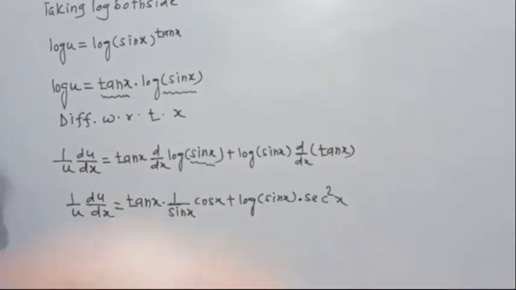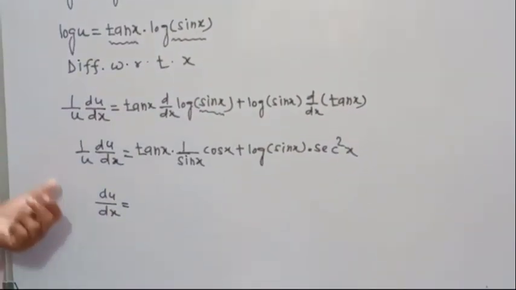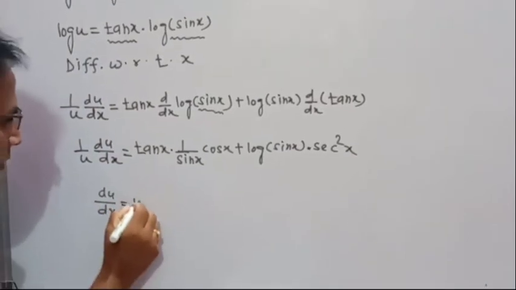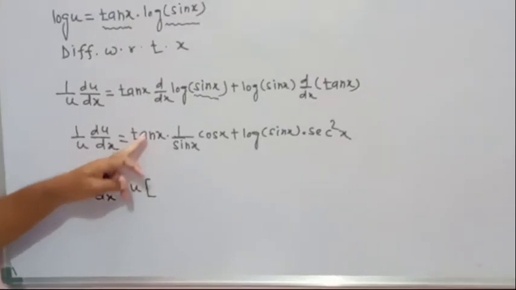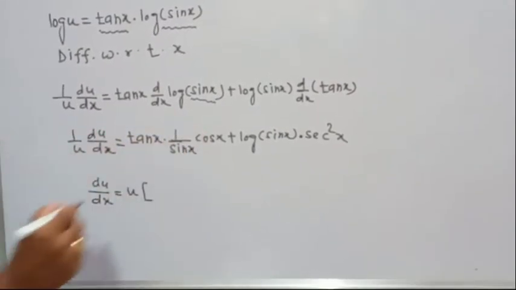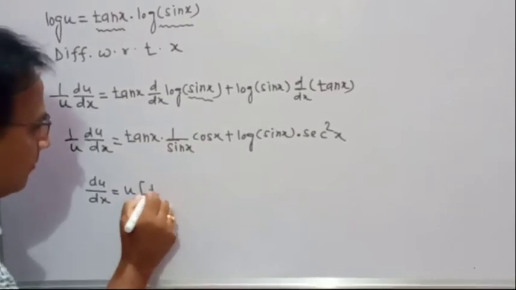Therefore, du by dx equal to u (transposed to the right side) multiplied by tan x into 1 by sin x into cos x. Cos x divided by sin x is cot x.